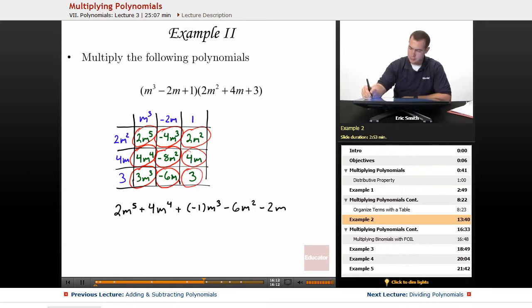And the last number, a 3. So the great part is that really goes through and combines all of your like terms, and I know I got them all because they're all circled. I'm going to fix this negative 1 so it's just a minus m cubed, but other than that, I would say this is a good result right here.